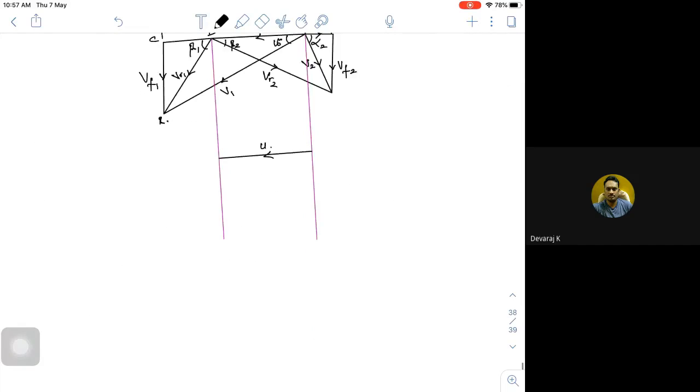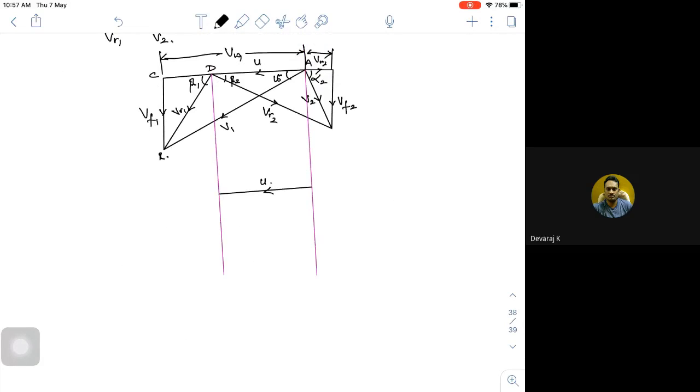So with 22 degrees, this is my alpha 3, and you will get your V3. You join this, and this is your VR3. You complete this, so this is VF3, and this is your VW3.